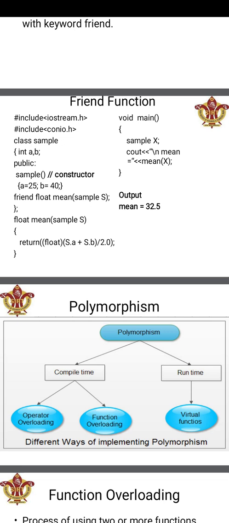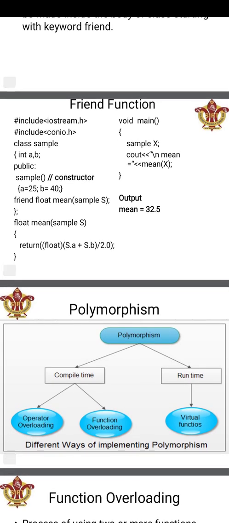Now inside it we have to calculate the mean of the two variables a and b. So inside that we have written s dot a. S is the object, and this object is passed as an argument inside this function. Whenever we want to access any private or public members of this particular class, we can access them using the object name and dot operator.